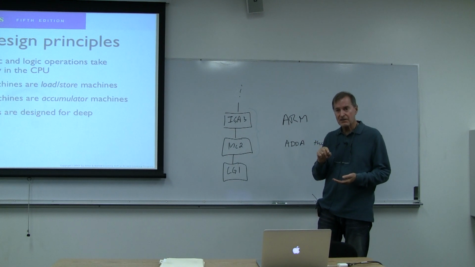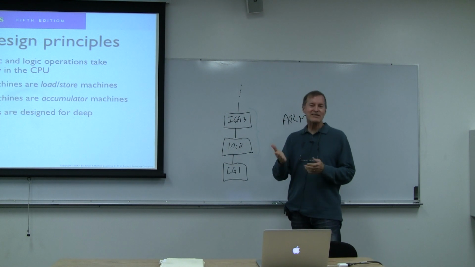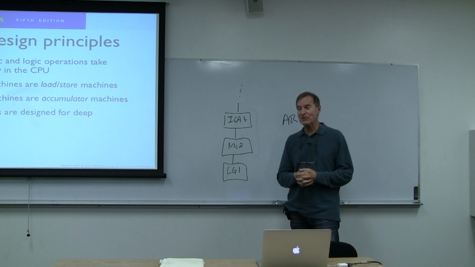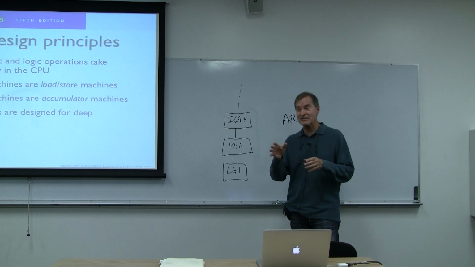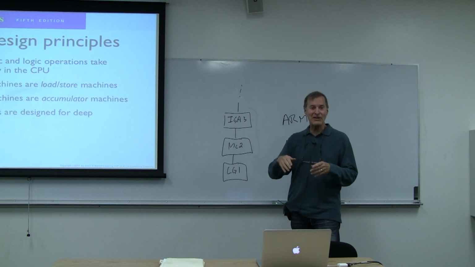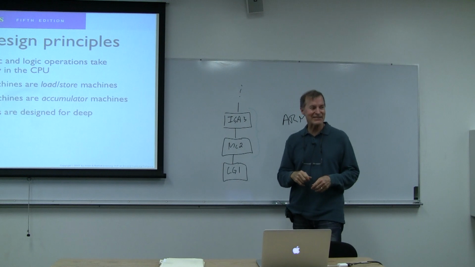CISC machines also have caches. In fact, there's kind of a little bit of a resurgence now of CISC people who are trying to make a comeback. It's kind of interesting because they're saying, oh yeah, the LLVM thing, we can tune this, and they're trying to think outside the RISC box now and going back to CISC.